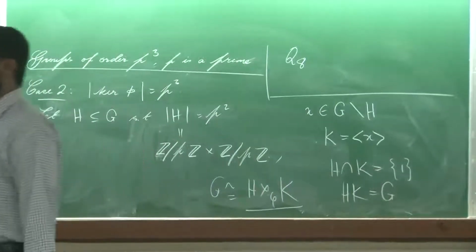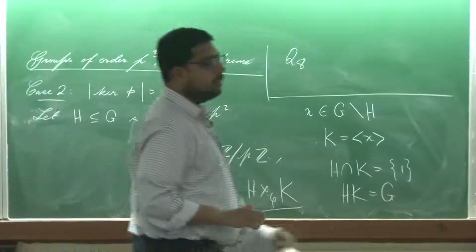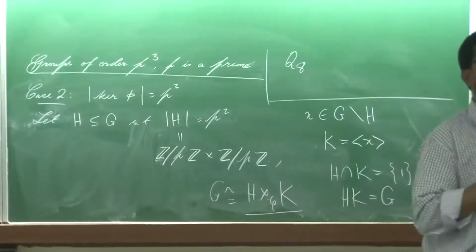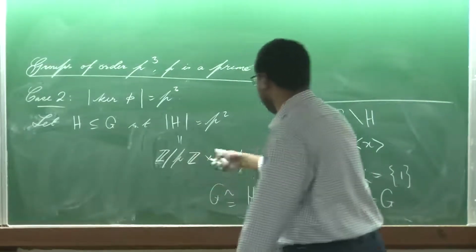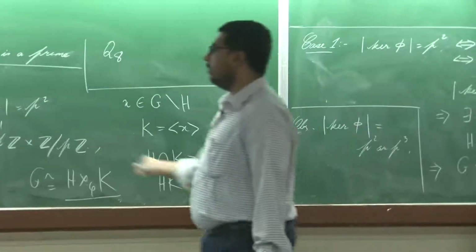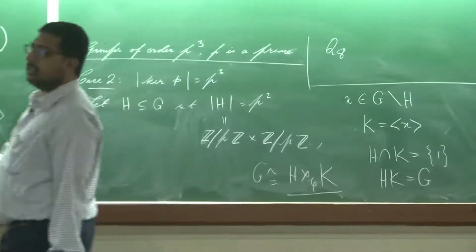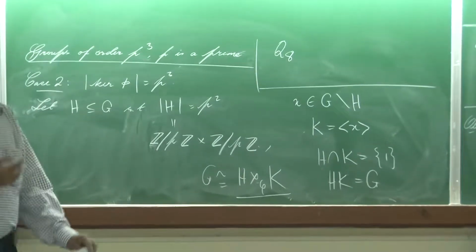So, therefore, when p equal to 2 we do have a group of order p cube, a group of order 8, which cannot be obtained as a semidirect product of proper subgroups. So, this classification theorem certainly does not hold, because there is a group which cannot occur as a semidirect product of its proper subgroups.